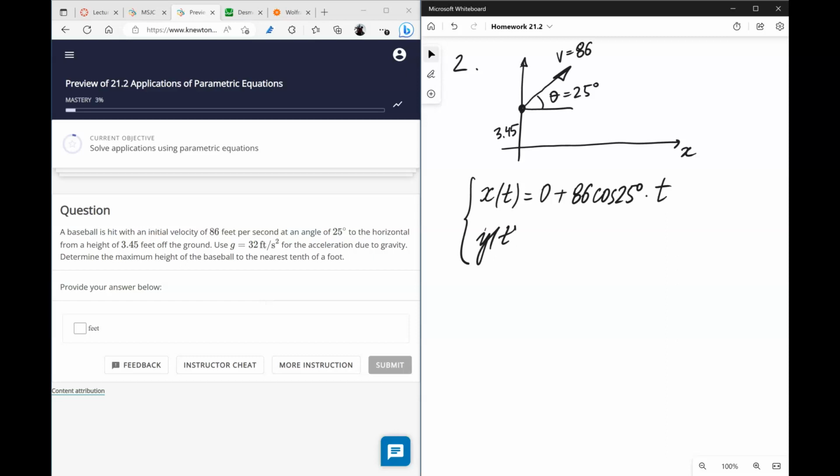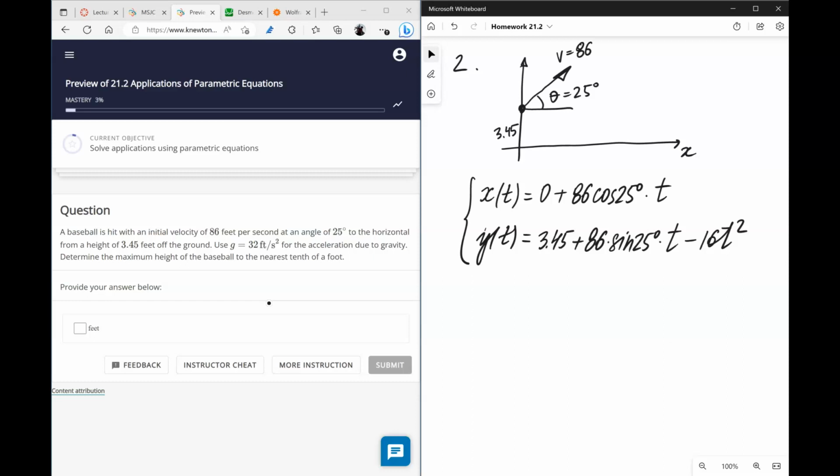And the y coordinate will be expressed like this: the initial height plus the initial velocity times sine, and minus g t squared over 2. G being 32 means we subtract 16 t squared.